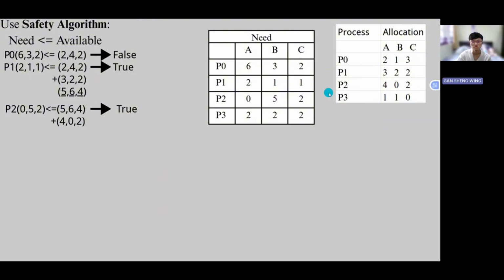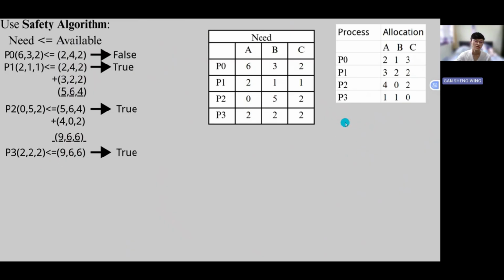We add 402, which is the allocation of P2. So 4 add 2 is 6, 6 add 0 is 6, 5 add 4 is 9. And P3, the need of P3 is 222. So 2 is less than 9, 2 is less than 6, 2 is less than 6. So this is true also.